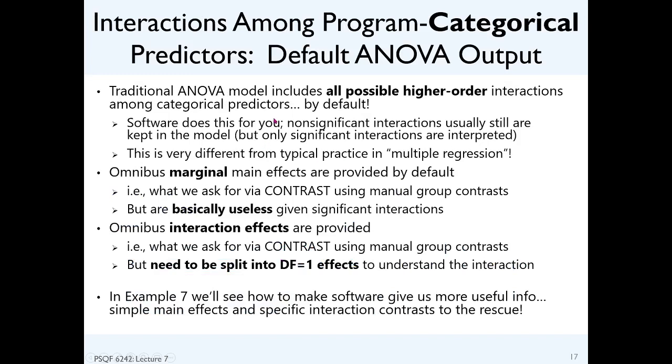So in traditional presentations of analysis of variance, if I have one categorical variable interacting with another, so two-way analysis of variance, three-way analysis of variance, and such, the traditional version of that model by default includes all interaction terms, all highest order interaction terms.